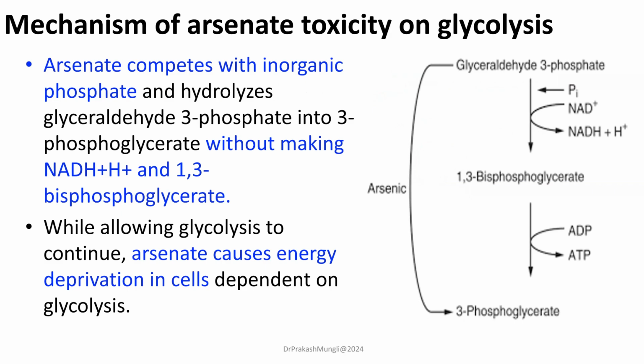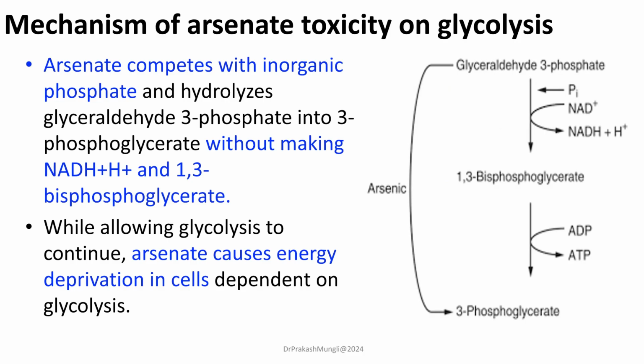Coming to what is the mechanism of arsenate that will have an effect on glycolysis? Although briefly I explained this in the previous slides. Arsenate competes with inorganic phosphate and hydrolyzes glyceraldehyde 3-phosphate into 3-phosphoglycerate without making NADH and 1,3-bisphosphoglycerate.